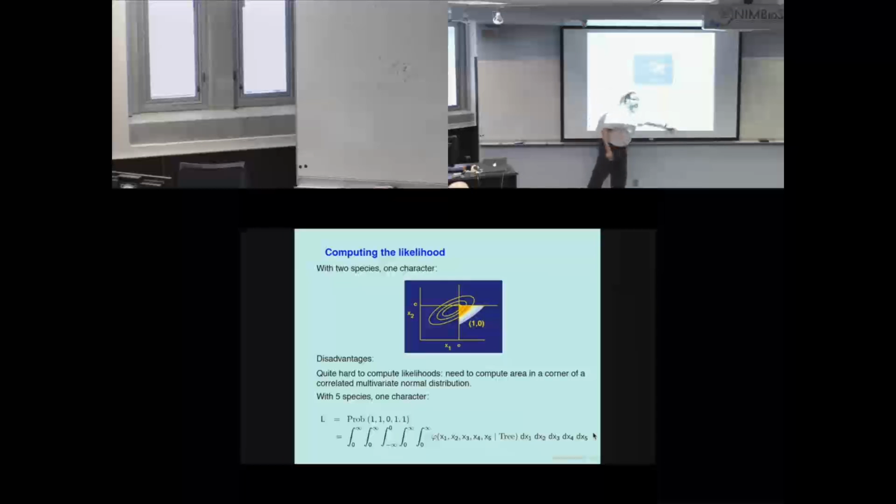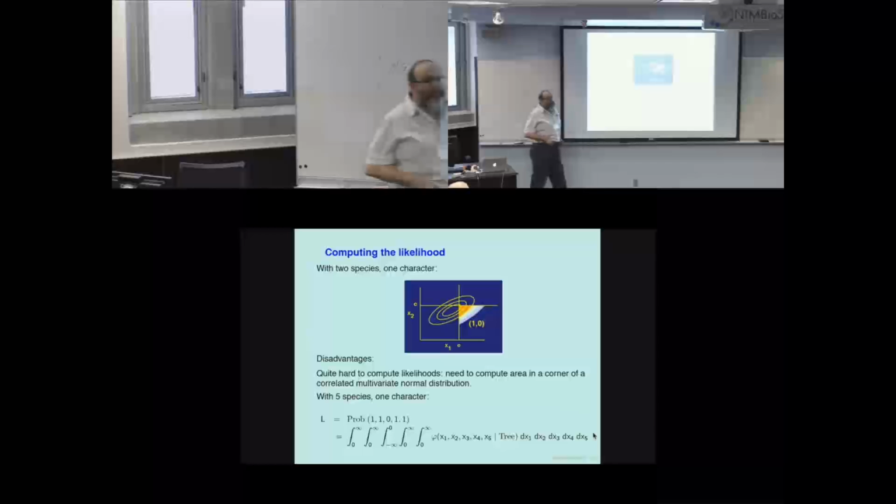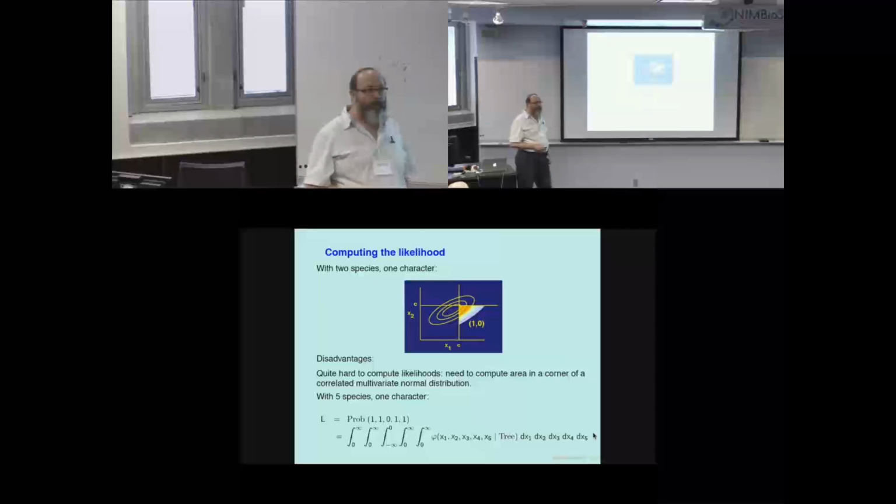And that's the multivariate normal distribution. So you have to compute that multiple integral. How do you do it? There's no analytical solution. There are approximate polynomial ways of doing it. They're a pain, but in principle you could do them. It takes a lot of fussing.